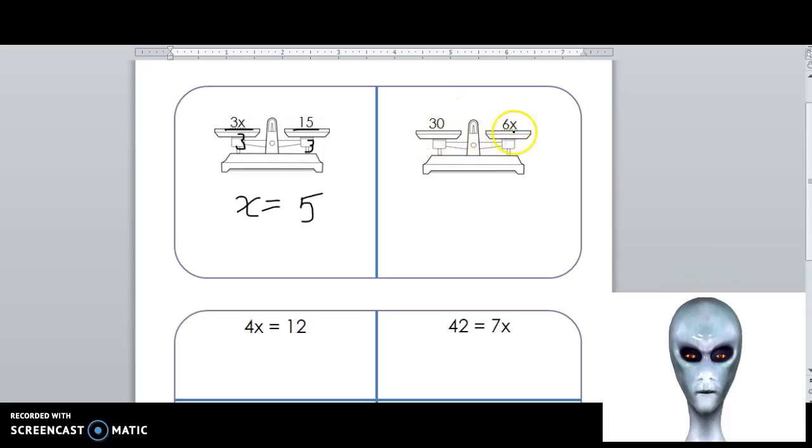So instead, we're going to divide by 6, so I can solve for my unknown variable. In this case, 30 divided by 6 is 5. So x is equal to 5.